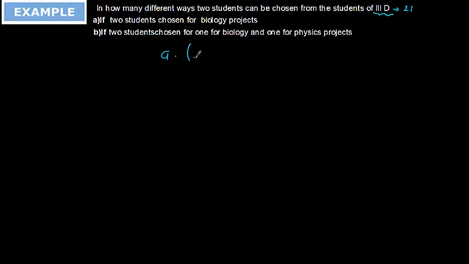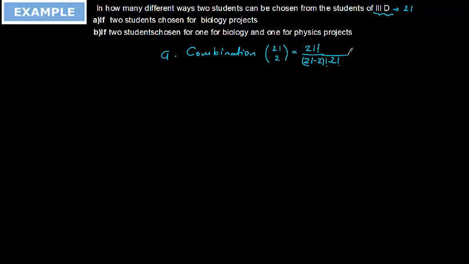That's why we are going to use combination for this one. When we say selection, it's going to be C(21, 2), which is equal to 21 factorial over 21 minus 2 factorial times 2 factorial.